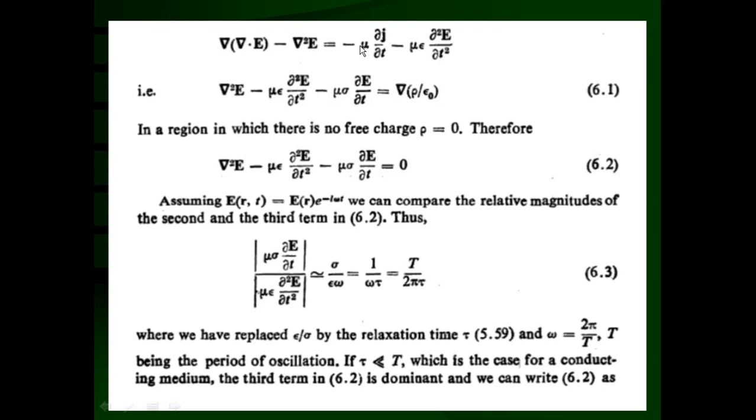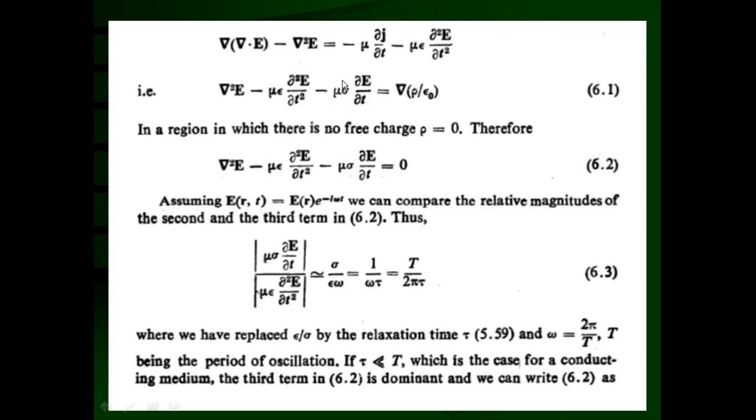That is equal to minus mu del current density J upon del T minus mu epsilon del square E upon del T square, because del D upon del T is again differentiated with respect to time. So the second derivative del square E upon del T square will be there, and D is equal to epsilon E. That's why this variable is converted from D to E, and this becomes mu epsilon.